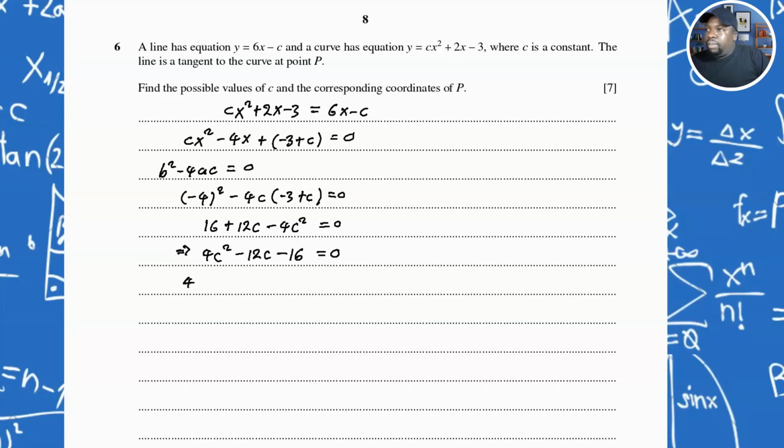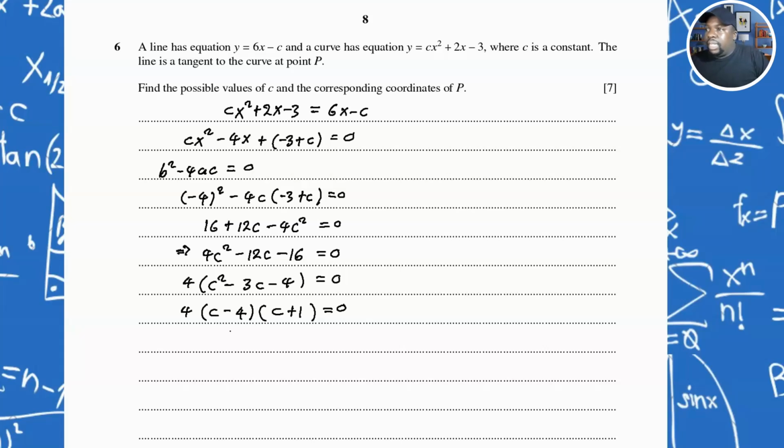Okay, factoring out a 4, that's c squared minus 3c minus 4 equal to 0. So we try to factorize this: c, and we have 4 and 1, then minus and plus.